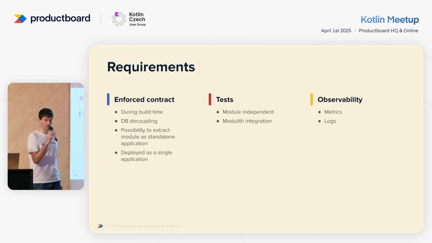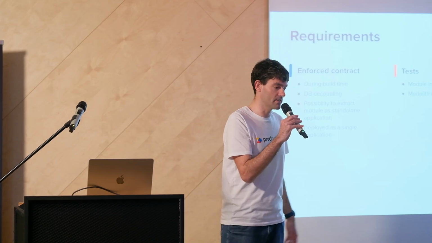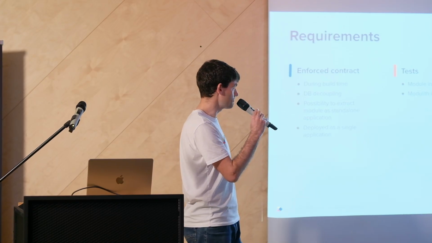We also thought about the possibility to extract a module as a standalone service, because as the deployment and the application evolve, you may need to extract a module into a standalone service. But for now, we wanted to deploy everything as a single application.